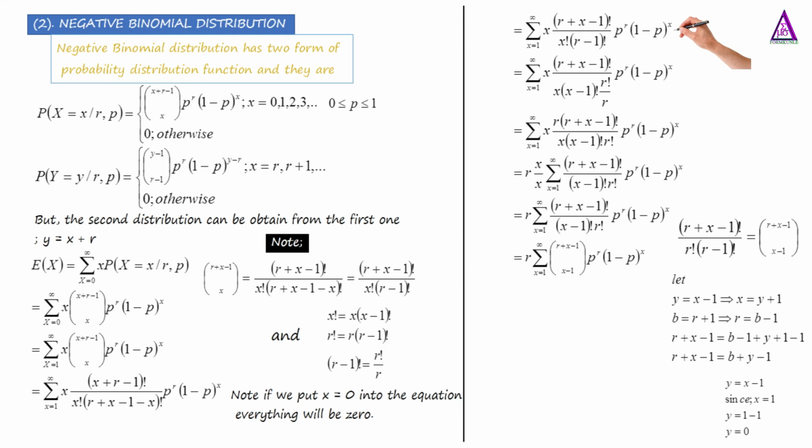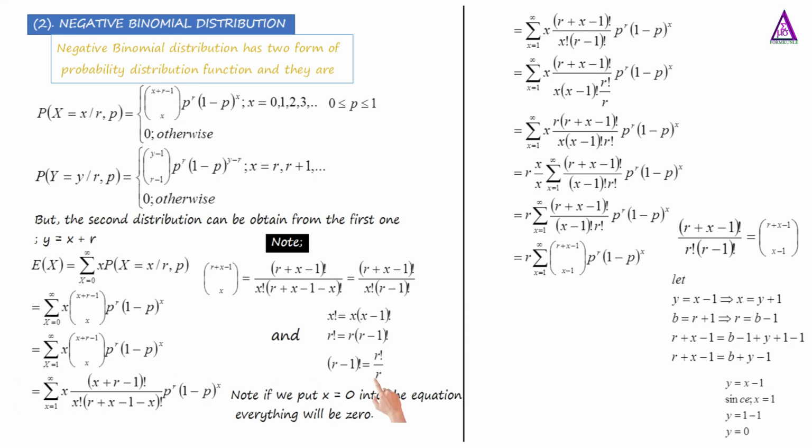As the summation of x from 1 to infinity of x into the bracket (r + x - 1) factorial divided by x factorial into the bracket (r - 1) factorial, p raised to power r into the bracket (1 - p) raised to power x.